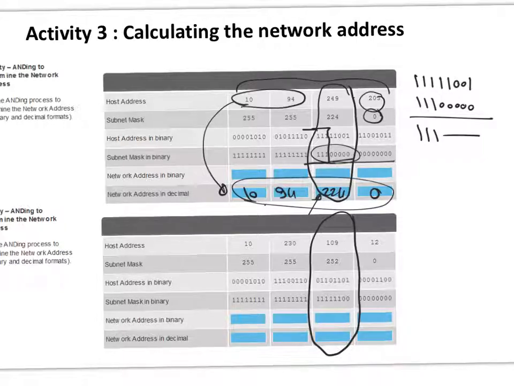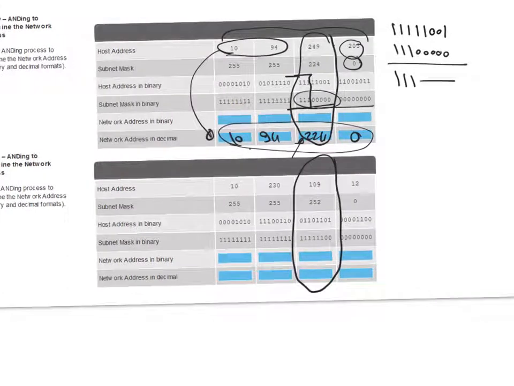Same thing here. So this part stays the same, and this part stays 0 regardless. And this is the trick here. So for the subnet mask, it's all ones except the last 2 digits only. Okay?